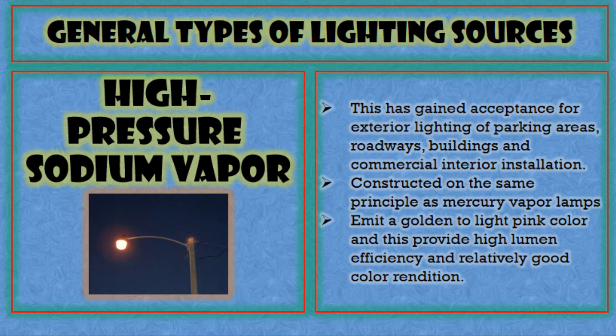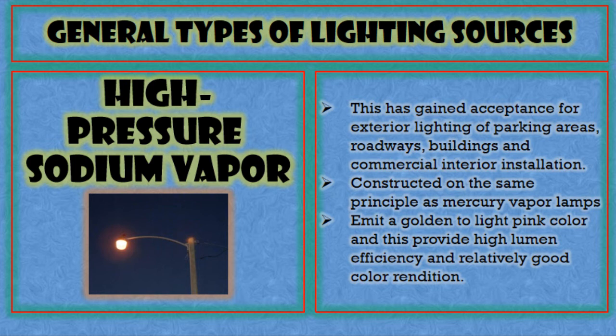So, kanina, meron yung sa mercury vapor lamp na mention natin that it emits a purplish white color. Dito naman sa high pressure sodium vapor, it illuminates golden. Okay, golden or golden to light pink color rendition.